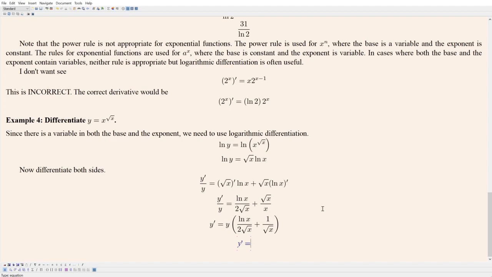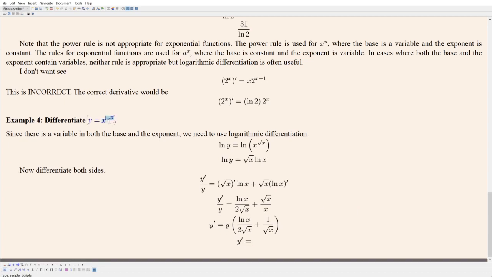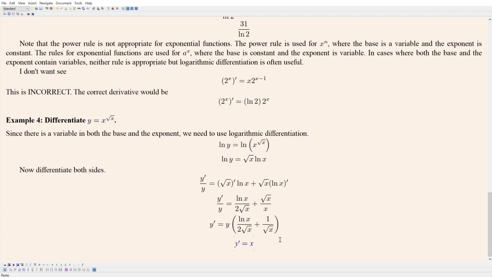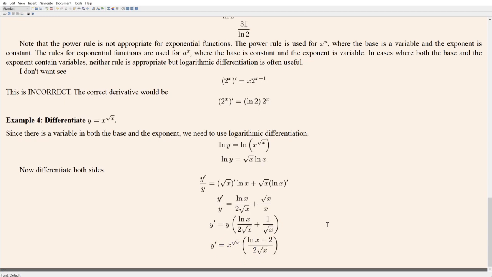So finally, we want our final answer to be in terms of just x, so let's replace y with its actual identity, which y was x to the root x. Okay. And I really want to simplify this because these denominators are so close to being the same. So common denominator is 2 root x, log x plus 2, like so.